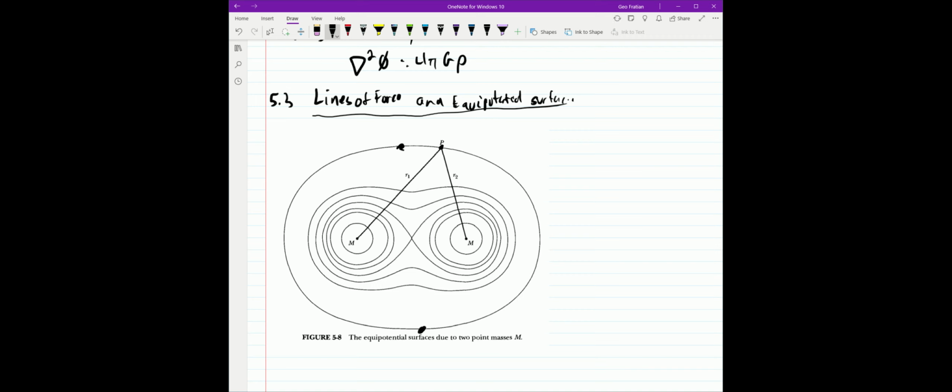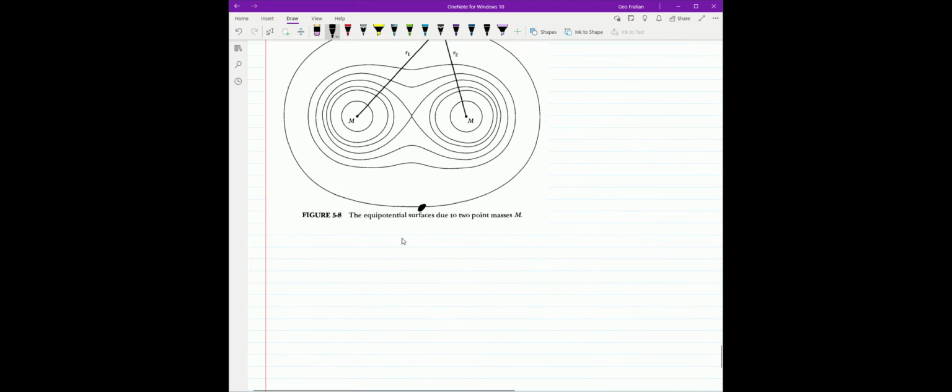And it's very useful as a graphical understanding, because it allows us to view the fact that phi is a constant value on a graph. So if we consider these two point masses, this tells us that along those lines, phi, which is equal to negative GM, factoring out, 1 over r1 plus 1 over r2, is a constant value.